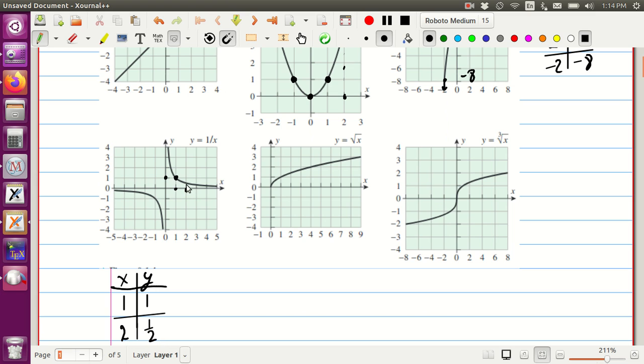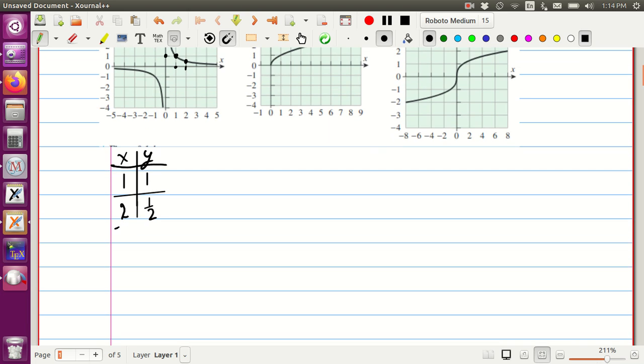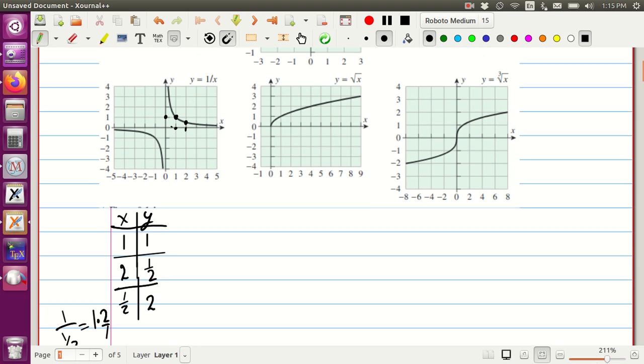So if you go to 2, you are over here at 1/2. And if you use 1/2, if you divide 1 by 1/2, you have to take the reciprocal of 1/2, so it's 1 times 2 over 1. So you get 2. Basically, if you go to 1/2 over here, it will go up to 2. And you do the same thing on the left side. So this is the 1 over x shape.